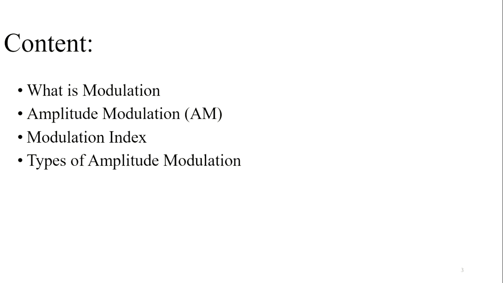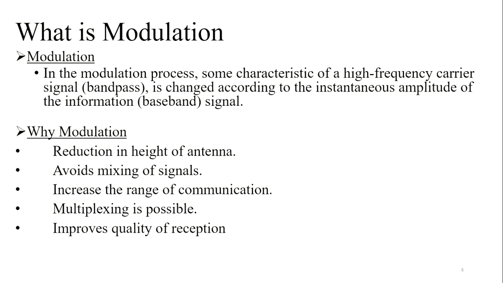First we have to discuss what modulation is. Modulation is the process in which some characteristic of a high frequency carrier signal is changed according to the instantaneous amplitude of the information signal. The high frequency carrier signal is a bandpass signal, and the information is a baseband signal.